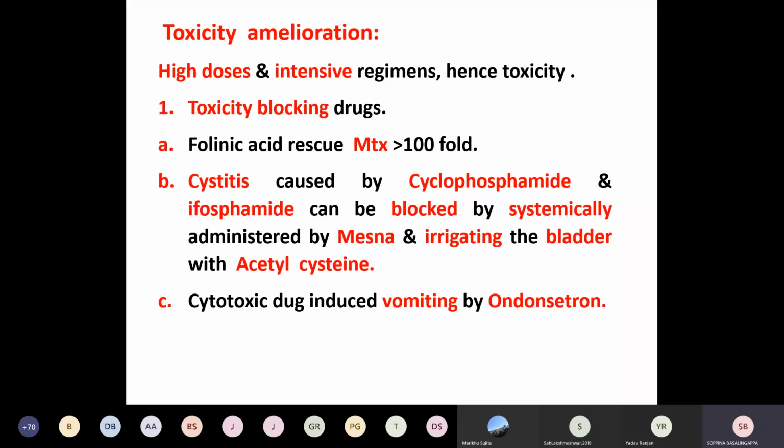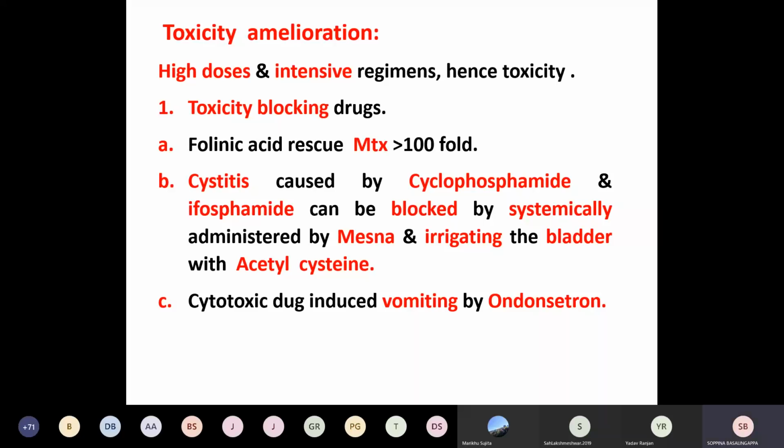Similarly, cyclophosphamide is another drug. When this drug is excreted through the urinary system, it causes inflammation of the urinary bladder, called cystitis. Cyclophosphamide and ifosfamide. How can you prevent that?